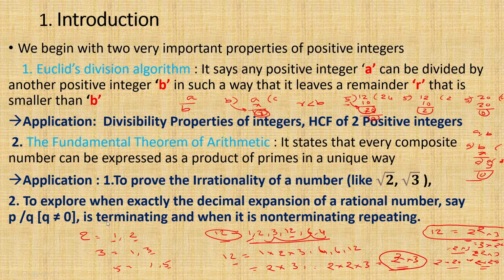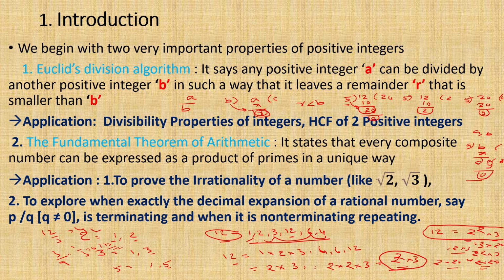Okay, now consider whether that rational number is terminating. Suppose we write 12 by 3, we will get 4, with remainder 0. But 3 by 9 means 1 by 3, that is 0.3333, like that we will get.